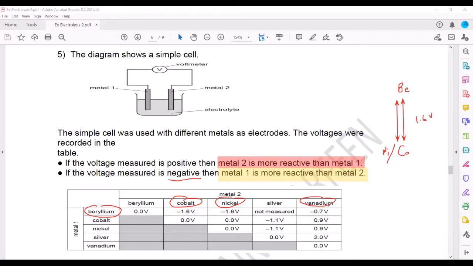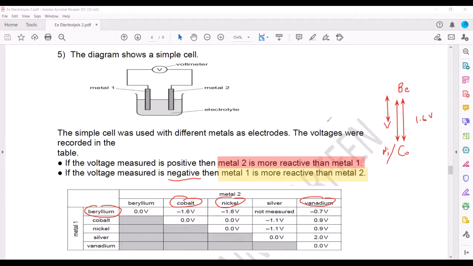So if the voltage is negative, it means metal 1, beryllium, is more reactive, and the difference in the reactivity is only 0.7. So beryllium and vanadium, the difference in the reactivity is 0.7, so it will be here.